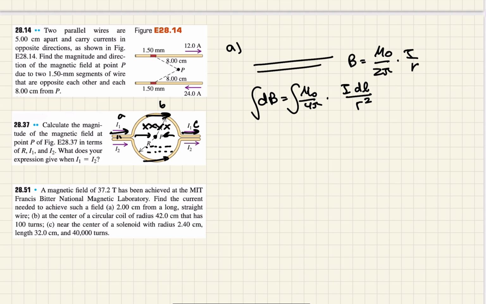And if you want to integrate both sides, well, actually, no. First we have to say it's straight, right? And so you can find the distance from a segment using r and the length, basically, and you would solve for r in terms of the length, and that way you'll be able to integrate it and cancel out the length.